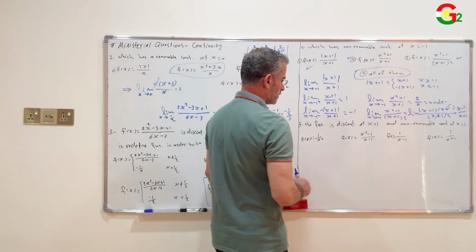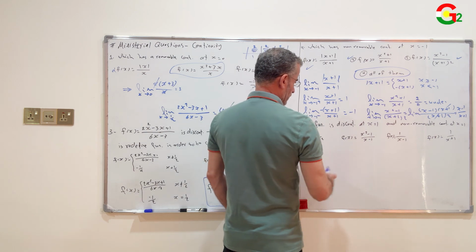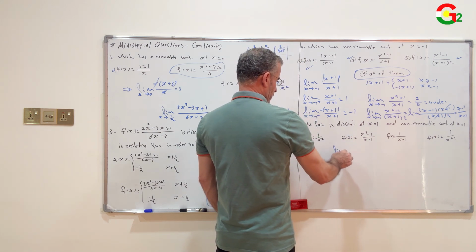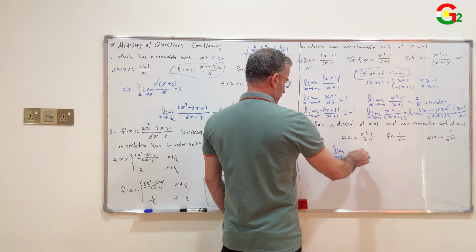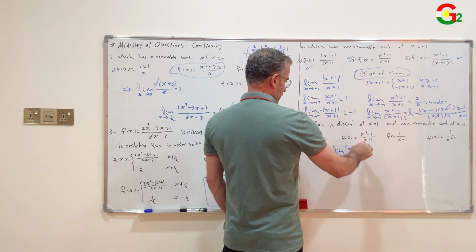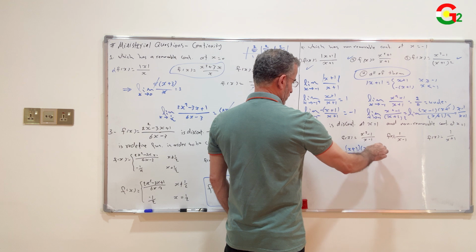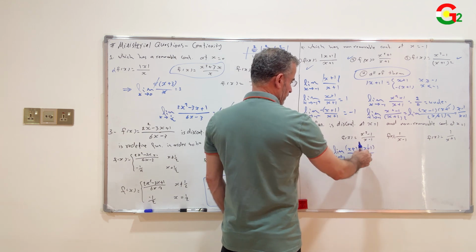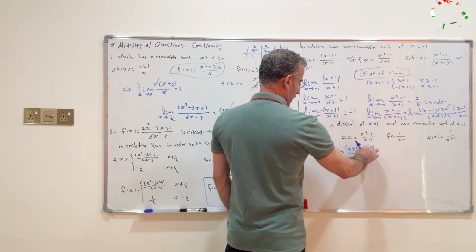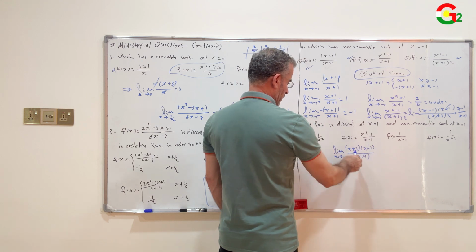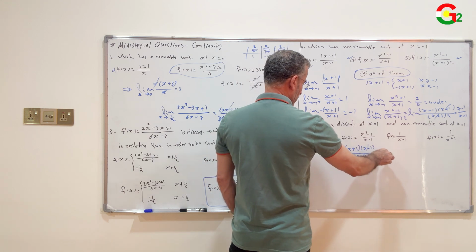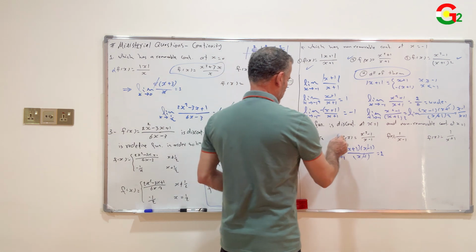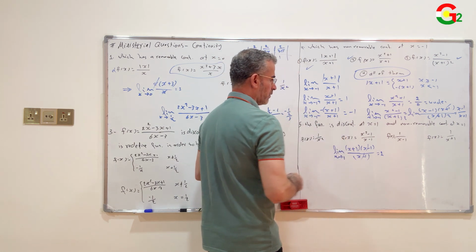This function is also continuous because of the limit when x approaches 1. Factor the difference of two squares for the numerator, reduce x minus 1 with x minus 1, substitute every x with 1, then the limit is 2. So this choice is wrong.